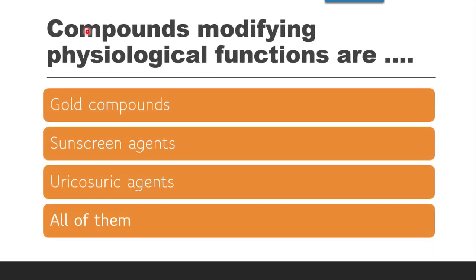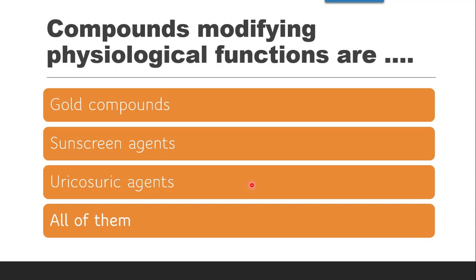Next question is, compounds modifying physiological functions are. According to the classification, the trick to remember the compounds modifying physiological functions is SAUD G square.